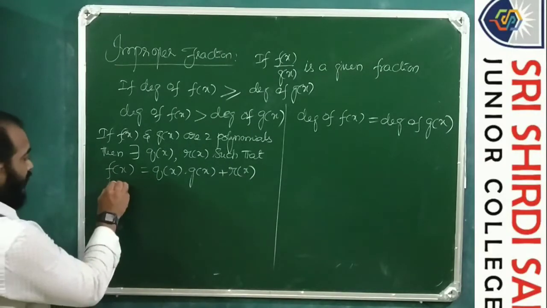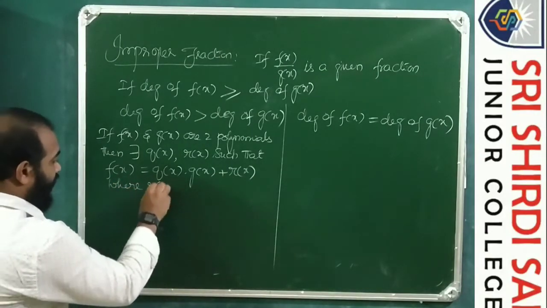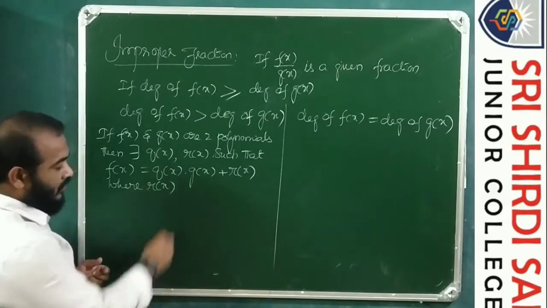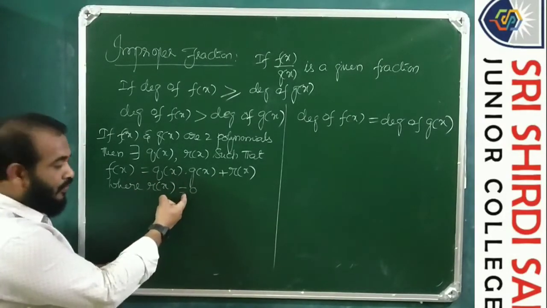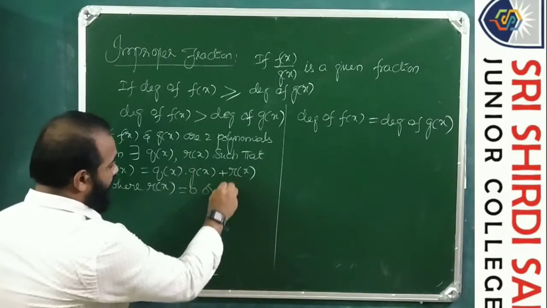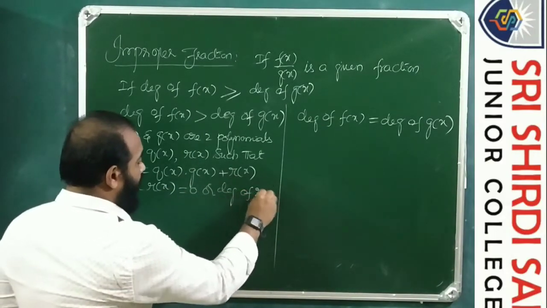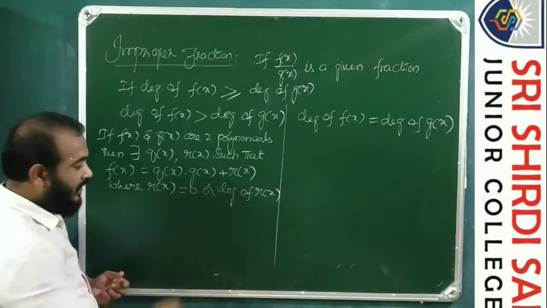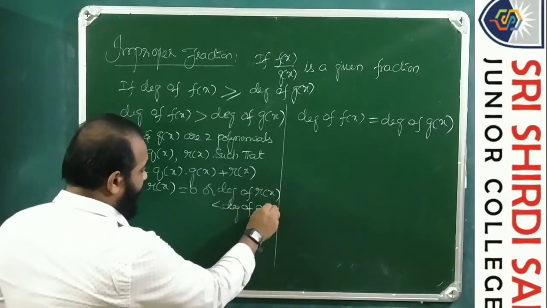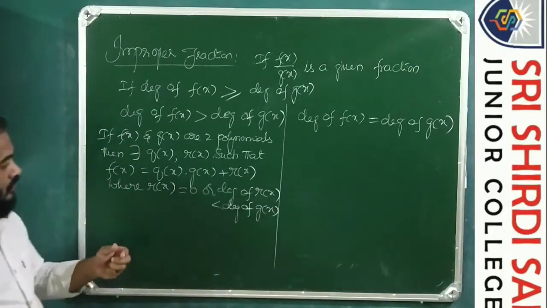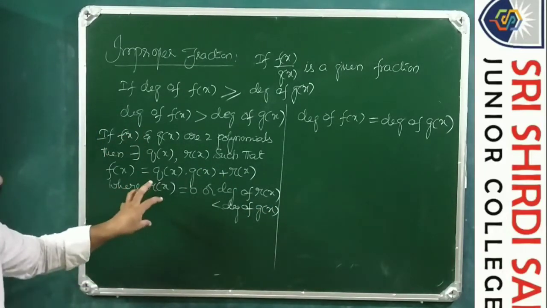Here the remainder r of x could be 0, or the degree of r of x is less than the degree of g of x. So this is the division algorithm.